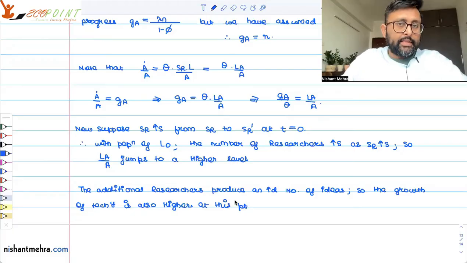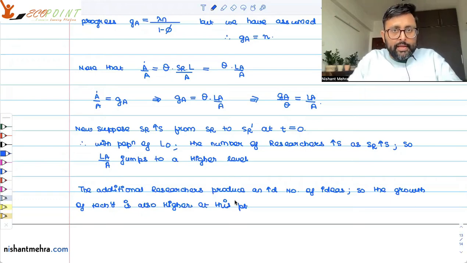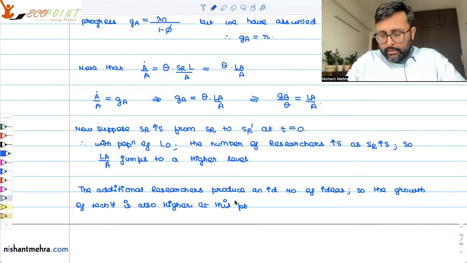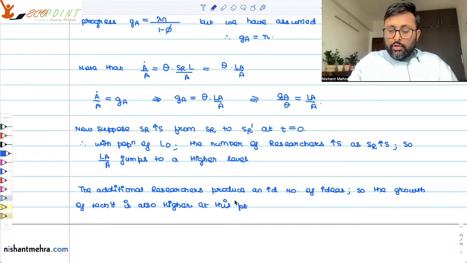At time period 0, when the share of people engaged in research increases, the number of people producing new ideas increases. More ideas will be generated, and with more ideas technology is going to improve. So the growth rate of technology is also going to be higher at this particular point.